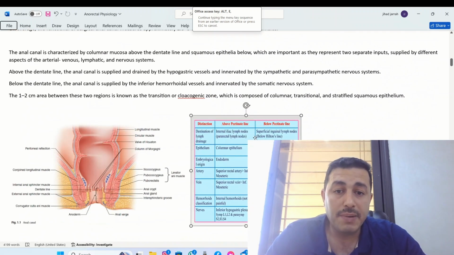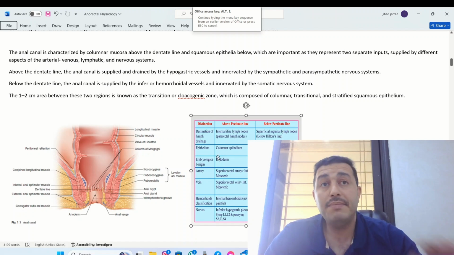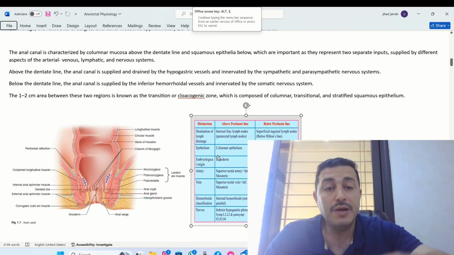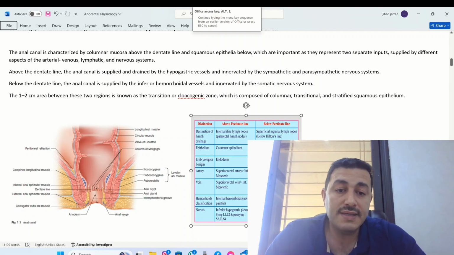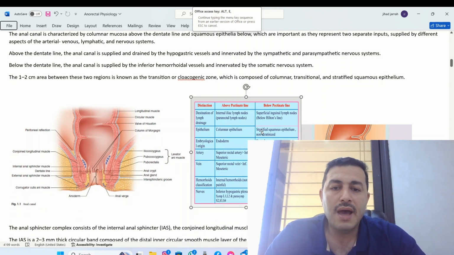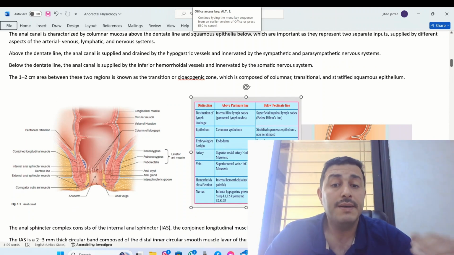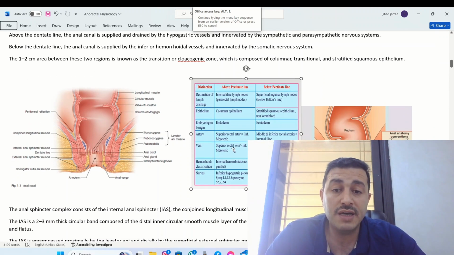Above it we have different lymphatic drainage: above the dentate to the internal iliac, below the dentate to the superficial inguinal nodes. Above the dentate the epithelium is columnar, below it is squamous epithelium. Embryologically, above the dentate line is from the endoderm, below the dentate line from the ectoderm.